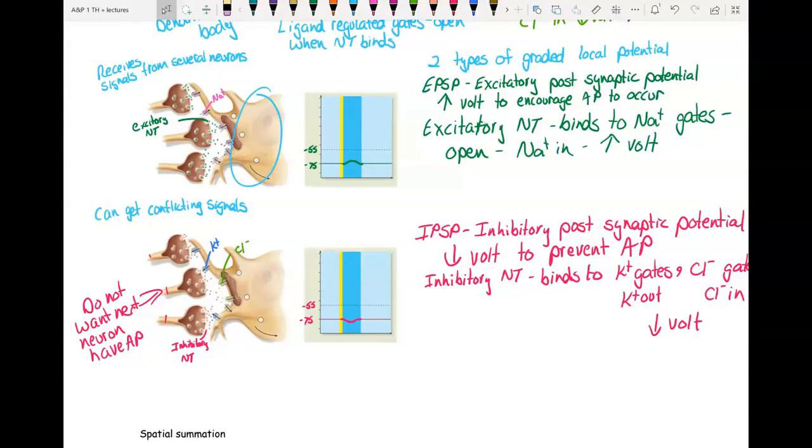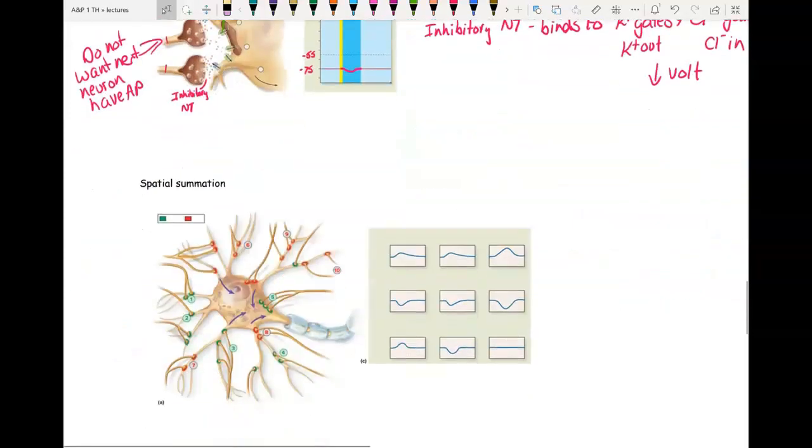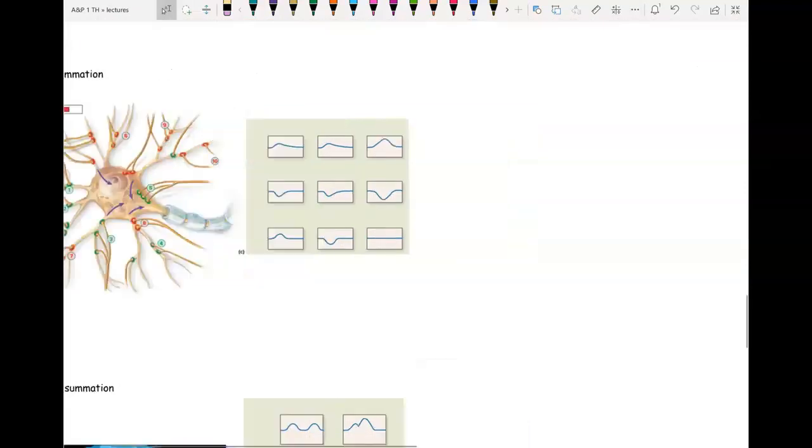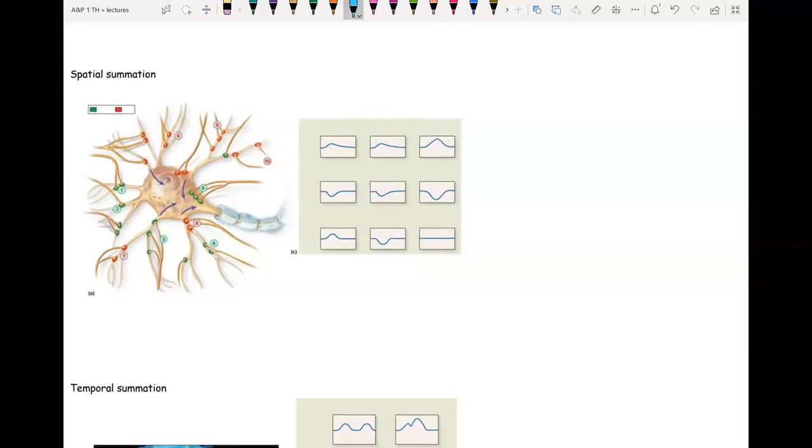IPSP is telling the neuron, be quiet, don't send any action potentials. A neuron can be receiving both types of signals at the same time. So if we look here, you can see the red is the inhibitory and the green is the excitatory. So this is normal. The neuron is always receiving both types of signals.